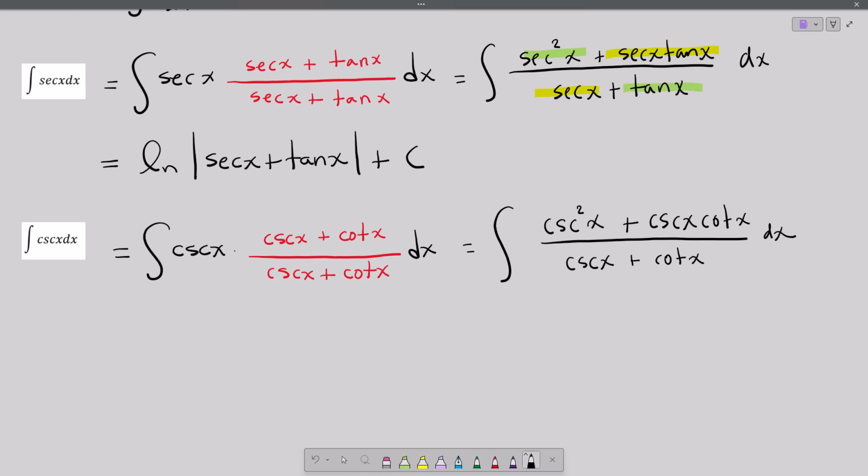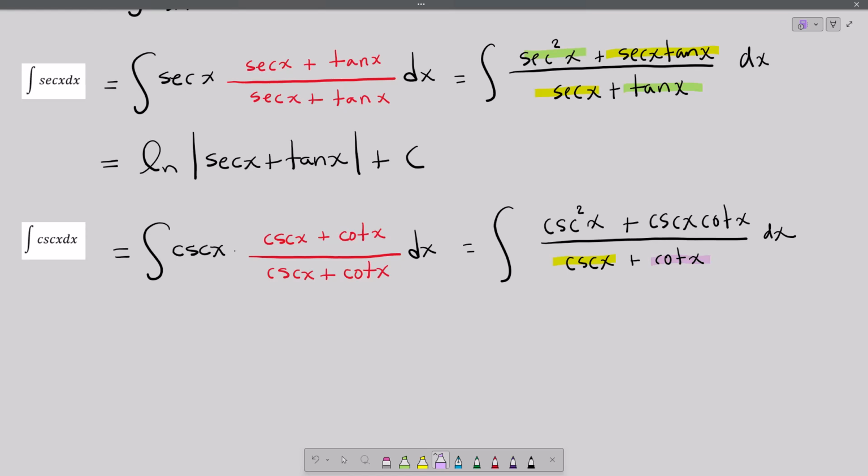All right, let's start with cosecant. The derivative of cosecant is negative cosecant cotangent. That's not quite this. And what about this one? Derivative of cotangent is negative cosecant squared.